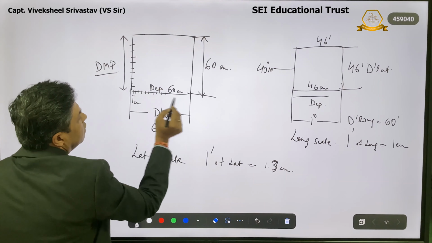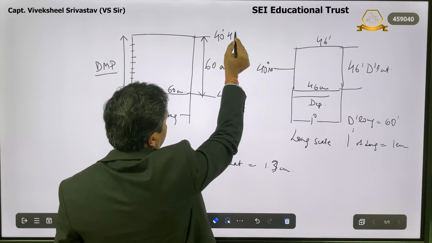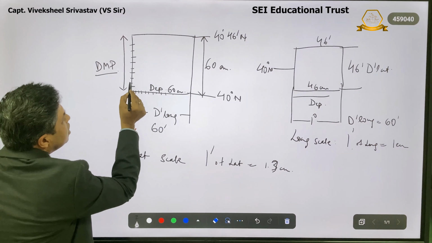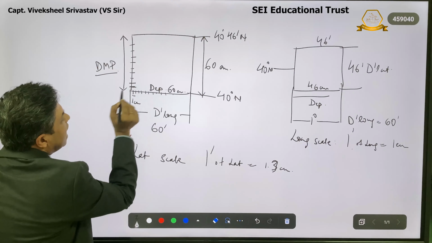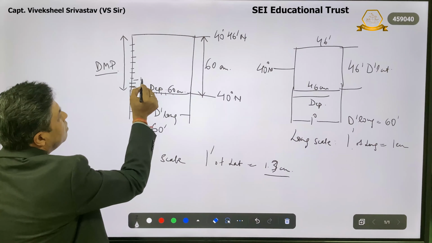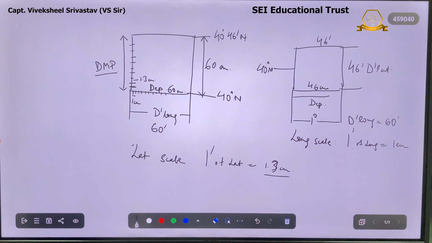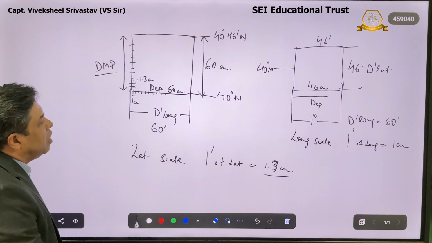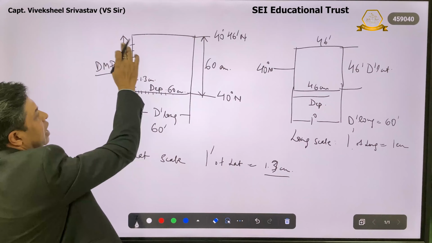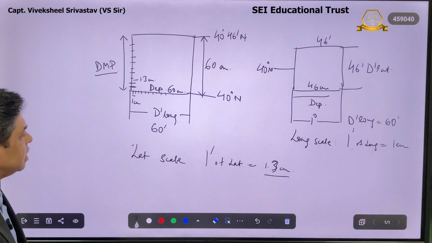If this was 40 degrees north, this is 40 degrees 46 minutes north, although it is 60 centimeters, the gap between each 1 minute is 1.3 centimeters. So on the chart, this is 60 centimeters, this is 60 centimeters, and we have elongated our latitude scale so that we can read that 60 as 46 minutes.